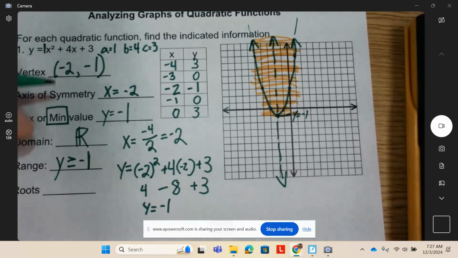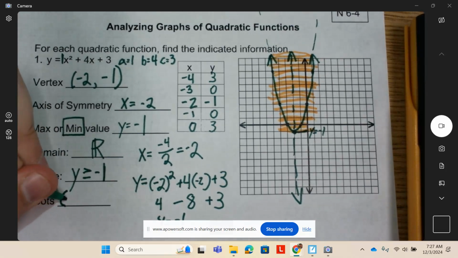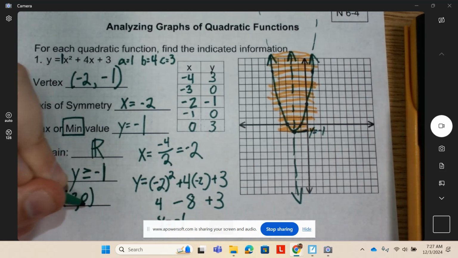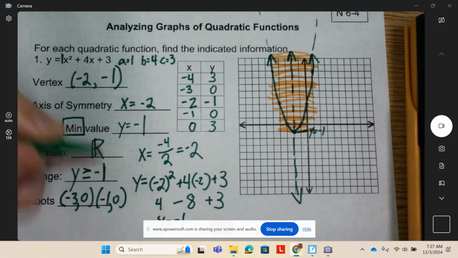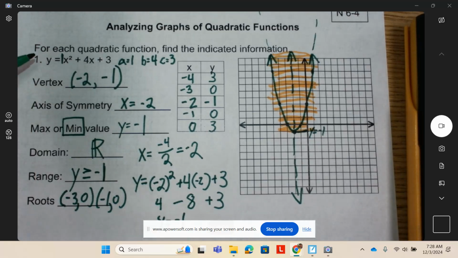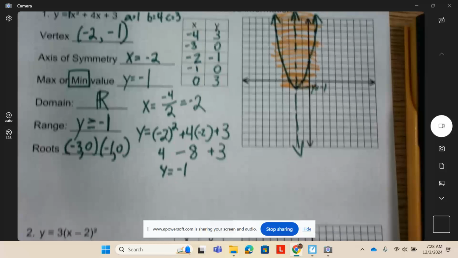So my roots here would be negative 3, 0, and negative 1, 0, which really for us means if we were to factor this, I would get factors of x plus 3 and x plus 1, and that would be the factored form of that equation. So we've got all our information there. Let's look at our next one.